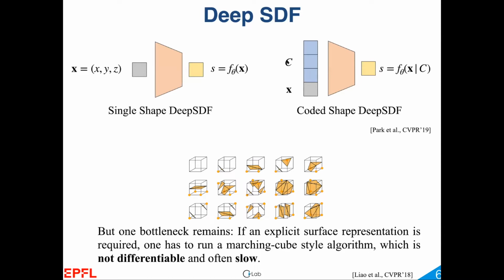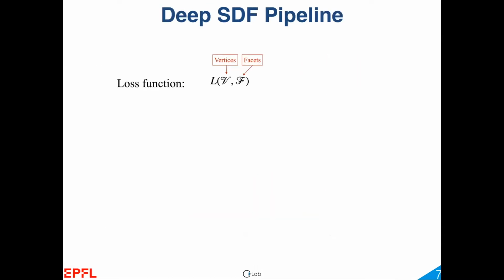So when you are in a deep learning pipeline, typically what you do is you minimize a loss function, L, which is a function of the vertices and the facets of your representation.